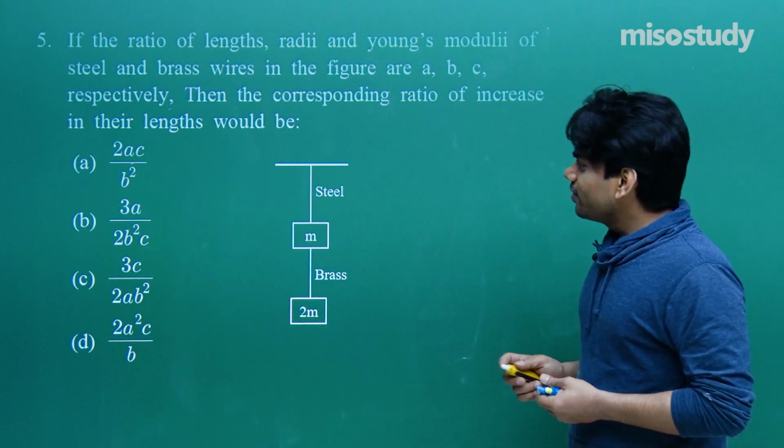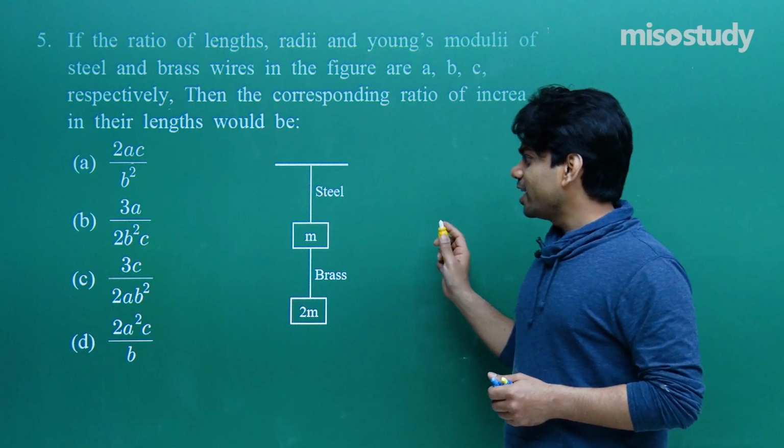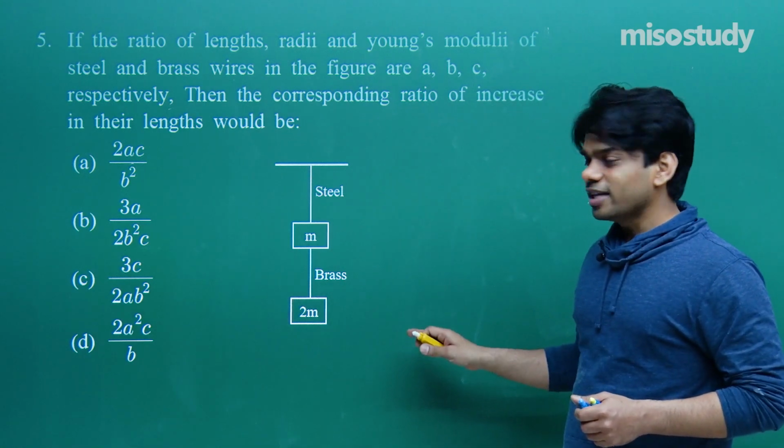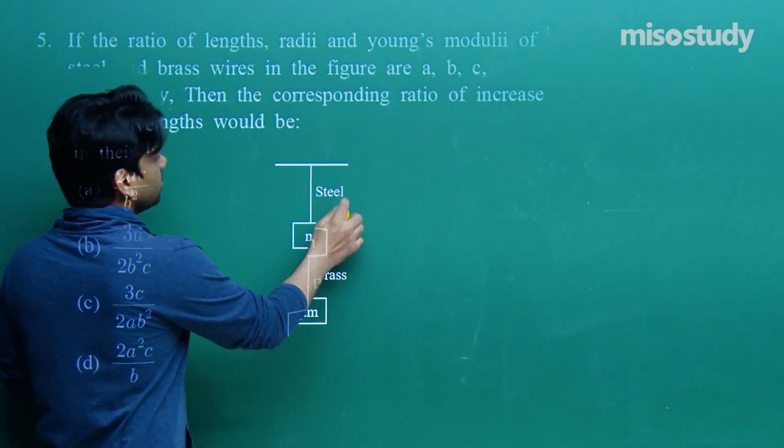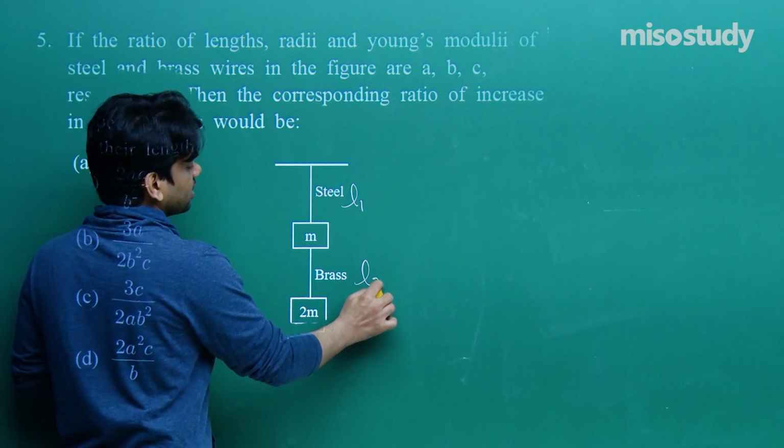Now you see here, let's say the steel wire has length L1 and the brass wire has length L2. Let me mark here: steel wire has length L1, this has length L2.